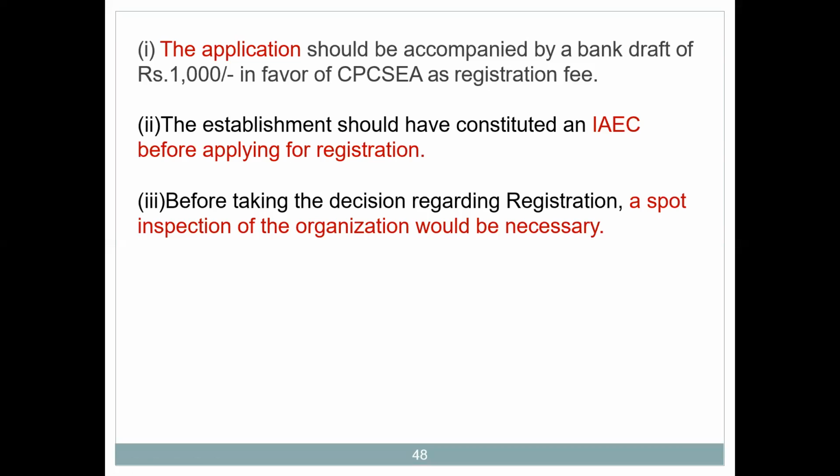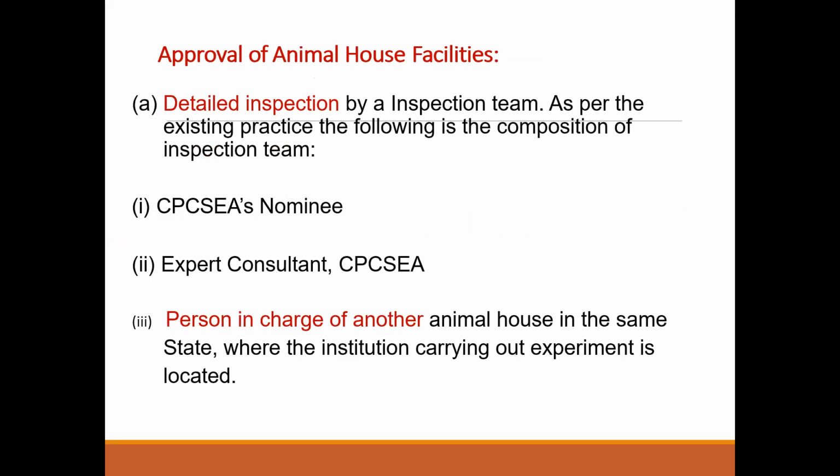So before taking any decision regarding registration, a spot inspection of all animal house facilities is done. You can inspect all the animal facilities and give the permission to the IAC committee or that establishment. Then approval of the animal house should get detailed consideration, that is, approval of the animal house by the CPCA.